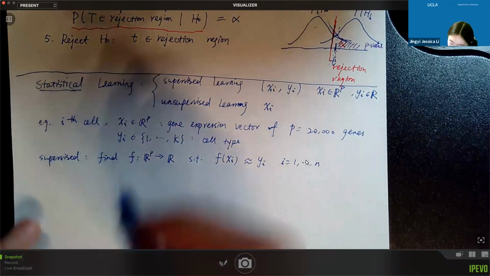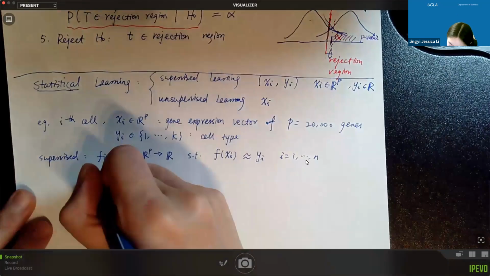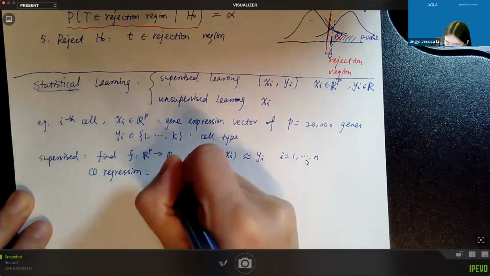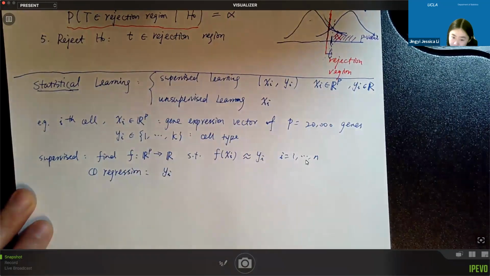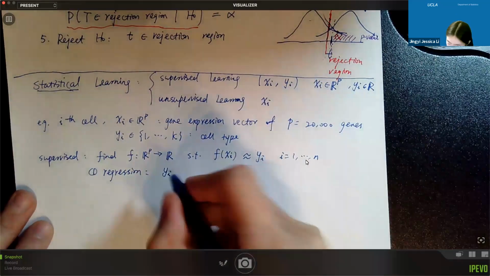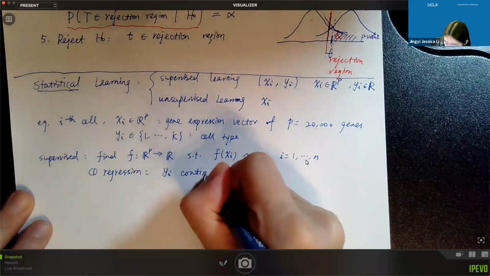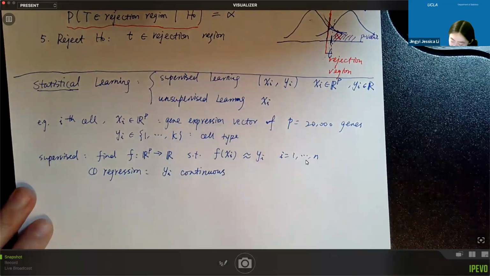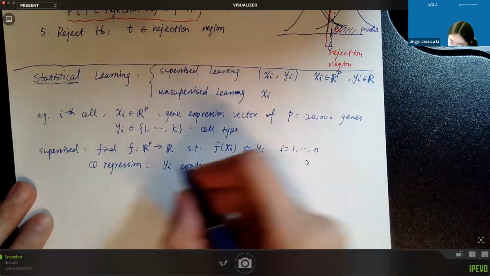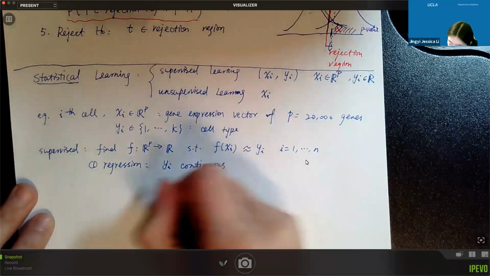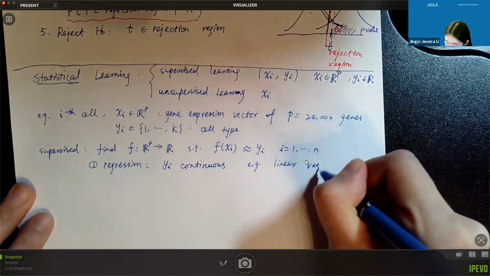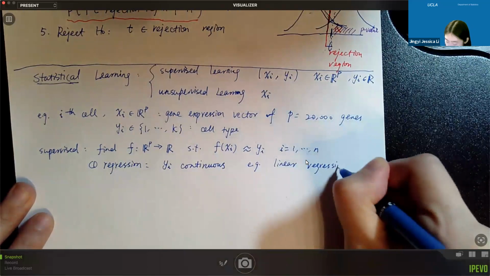Regression is for the case where yi is continuous. The most famous case is what we call the linear model, or linear regression, the easiest type of regression.